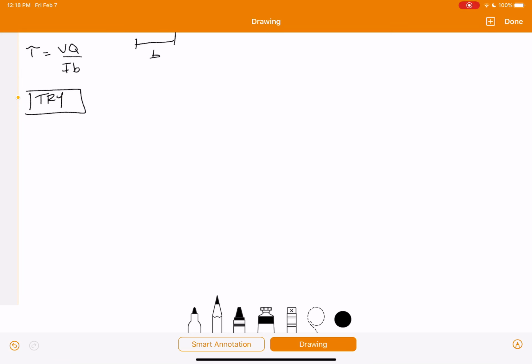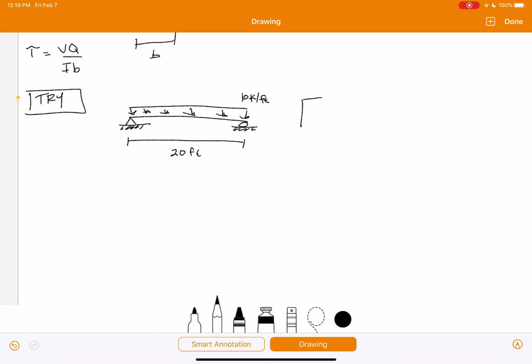Let's say we again have a simply supported beam with a length of 20 feet, has a uniform distributed load of 10 kips per foot, and a cross section with a base of 3 inches and a height of 5 inches.